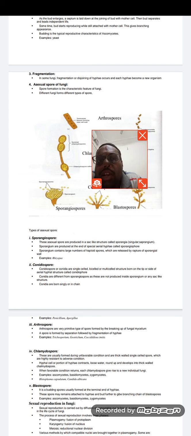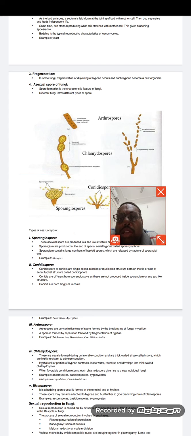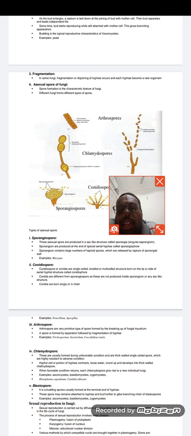First one is known as the sporangiospores. See the diagram. You can see that in the sporangiospore, there is a cup-like holder which holds some spores, and those spores will come out when the sporangium bursts.